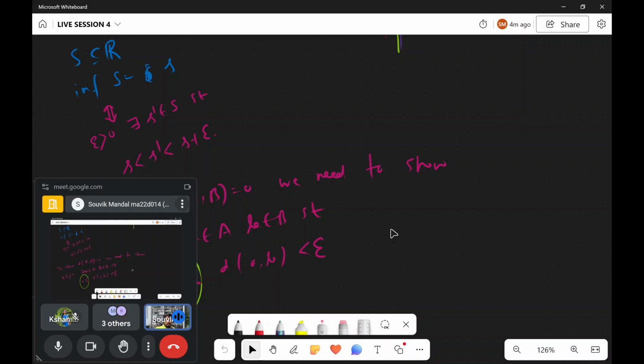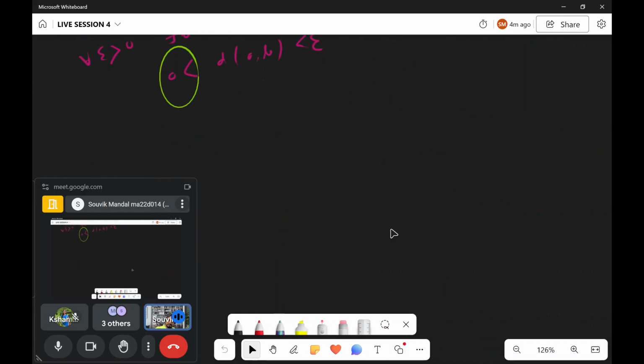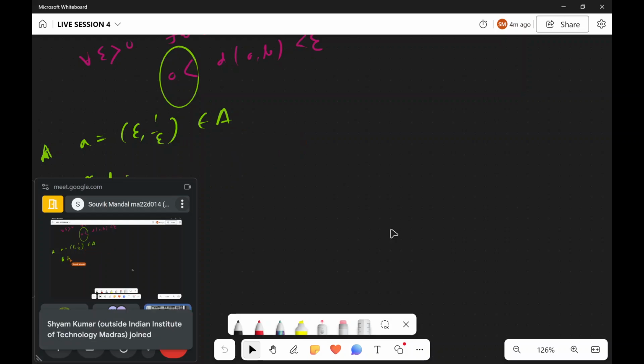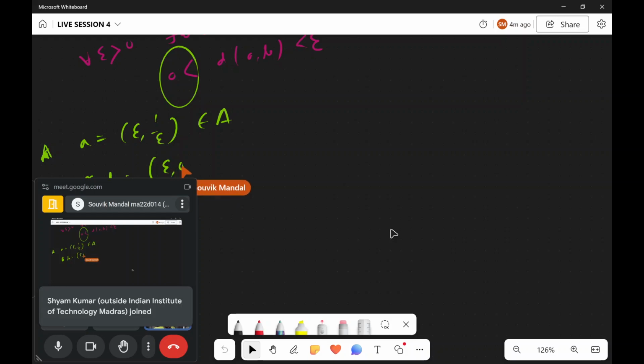Okay. So look, the point is it is very easy. Let me write it down for you. So take a equal to epsilon comma 1 by epsilon. This point already belongs to A. And take b belonging to B as epsilon comma 0.